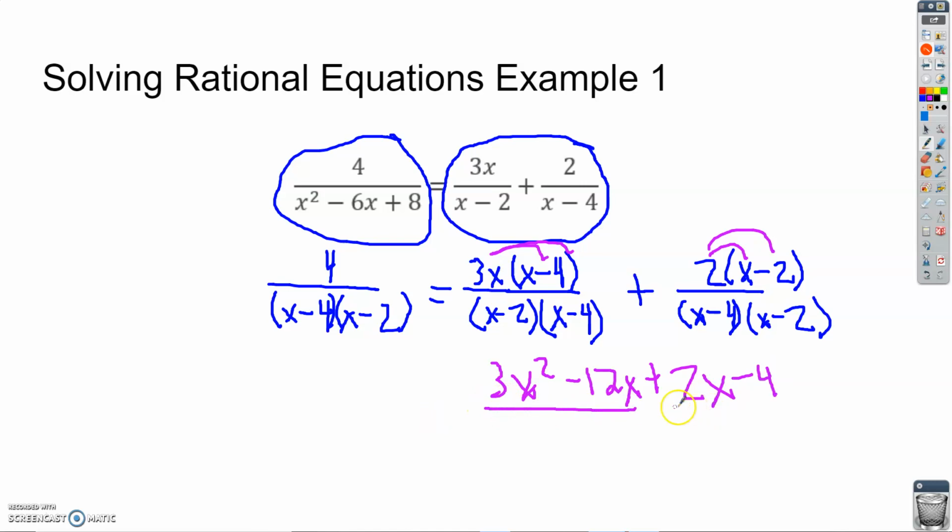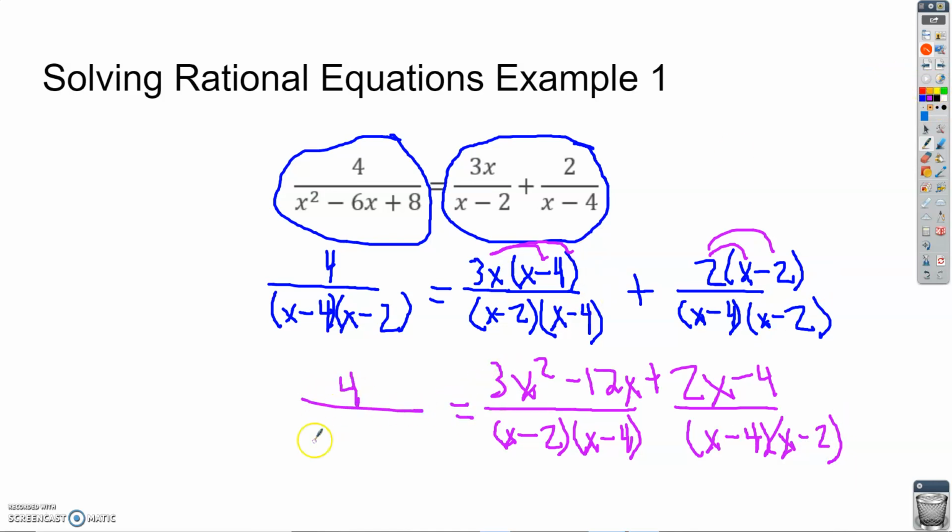And then it's all over x minus 2, x minus 4, x minus 4 and x minus 2. And then I have this 4 over x minus 4, and then x minus 2.